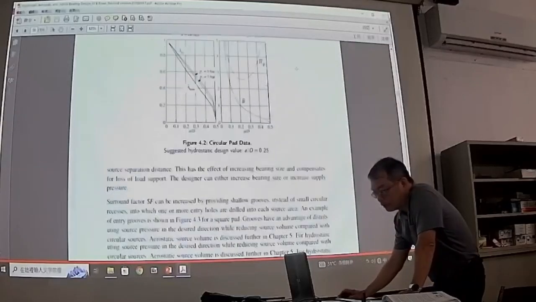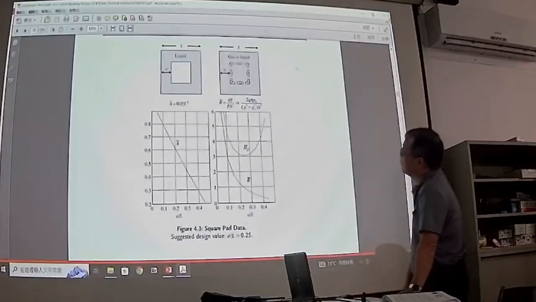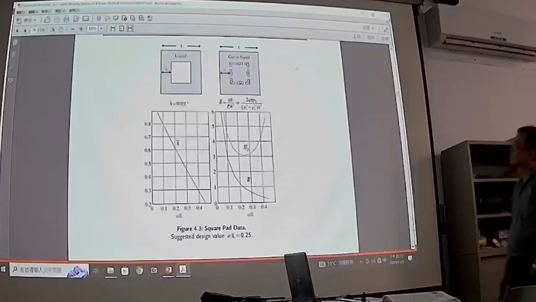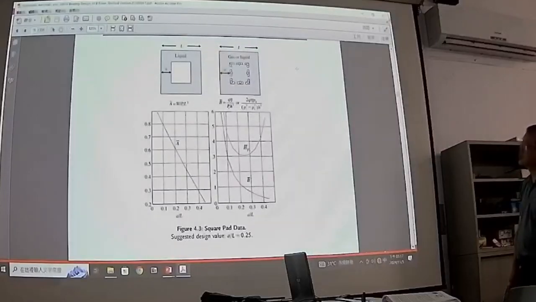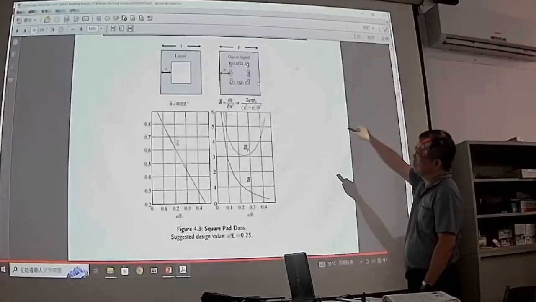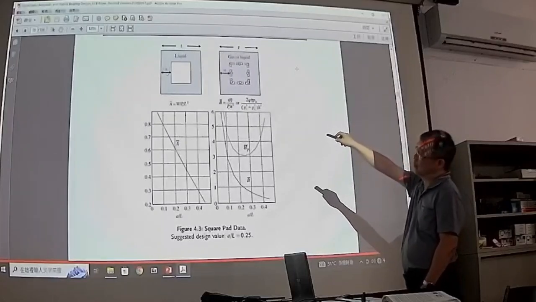And we have another drawing for the rectangular bearing head. So by doing so, we have a virtual recess, which has a similar effect to a real recess.